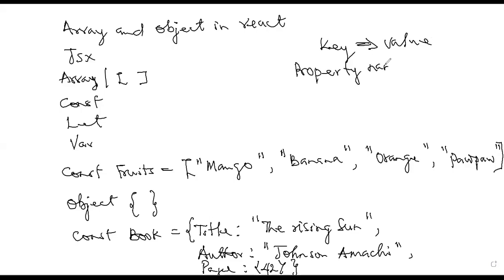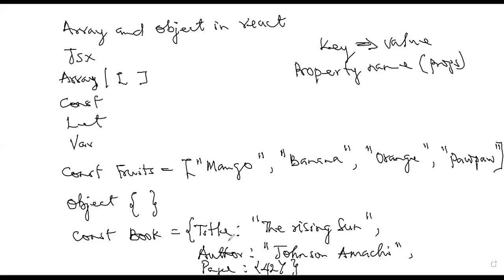Property name, and it is written as props for short. So in React, this is called a property name, and this is the value of the property name. So the property name, then you have a colon followed by the value of the property name. So that is how an object is expressed in React.